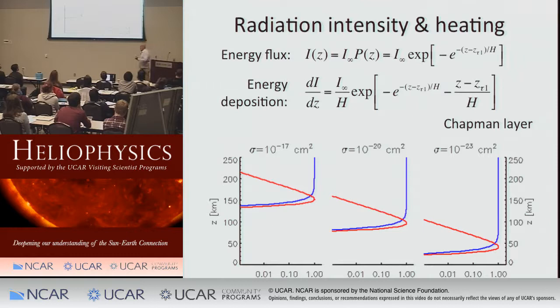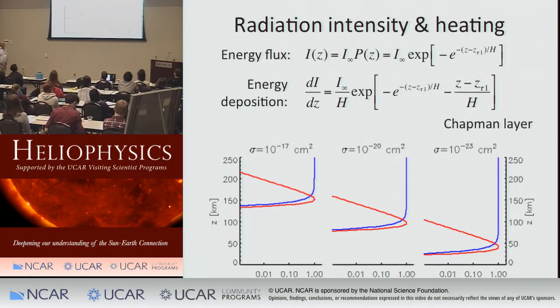Now, when those photons are absorbed, and they do their ionization thing, they're actually depositing their heat. So the actual energy flux is whatever it is at infinity times the probability that I'm going to make it with that energy. Okay? And the deposition is the derivative of that. Right?